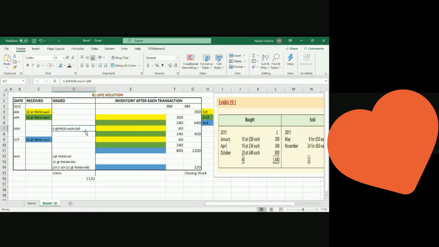This one also I delete. Same with this one. So this one is 24, and this one is also 24.